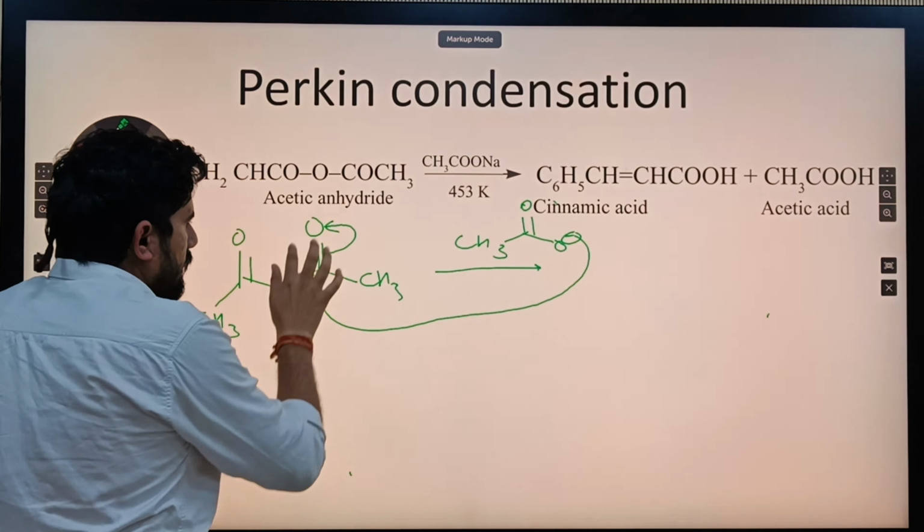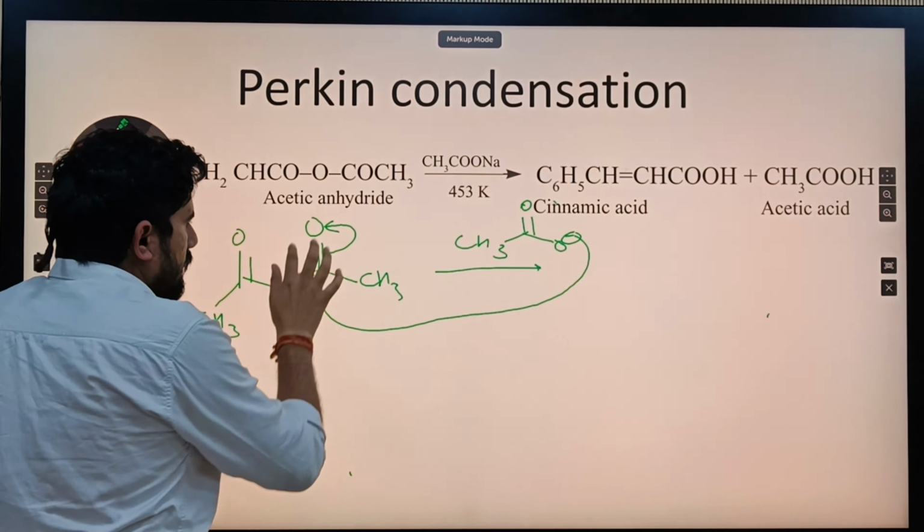The pi bond delocalizes, this group comes out of the reaction, and we have CH3, double bond oxygen. The product is the same acetic anhydride, so no reaction takes place. So this reagent should act as a base here.